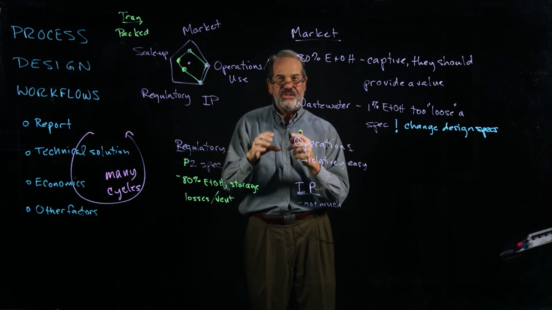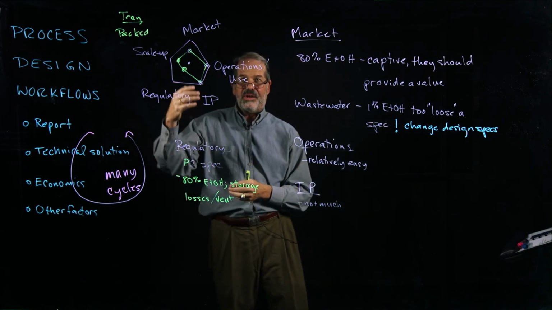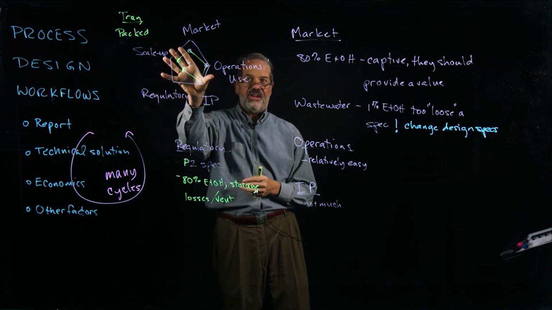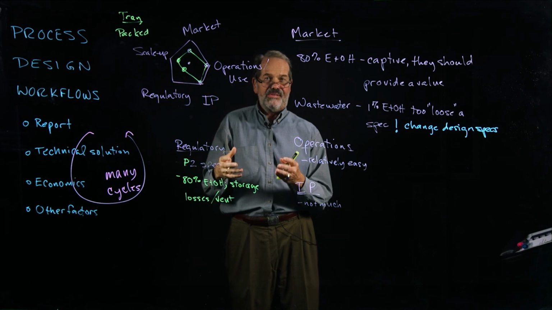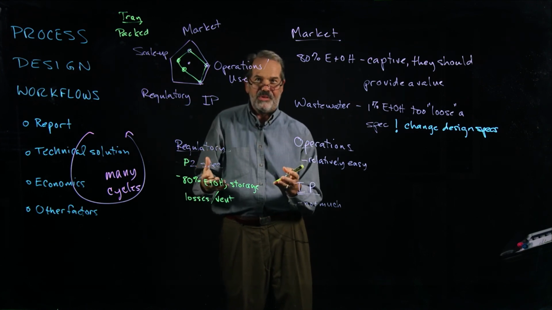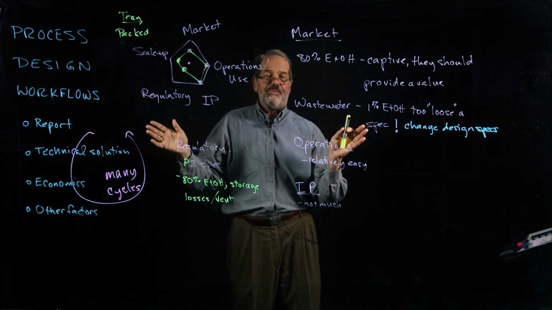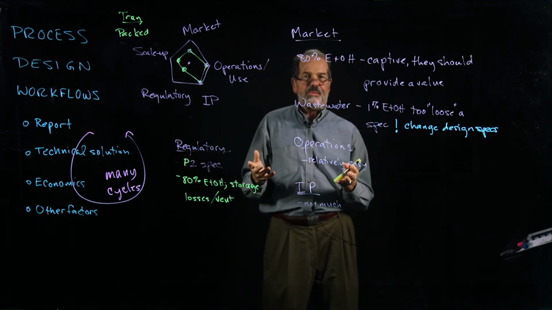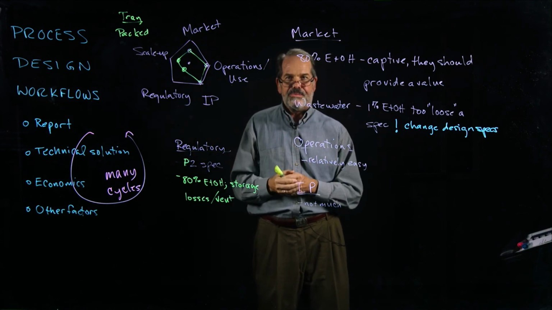We're going to want you to generate the base case and then propose some process alternatives, cost them, and also look at the other factors as well to show that they have made an improvement, or maybe they have not made an improvement in the overall product. So this is a very quick view of what you'll be doing in each one of the problems assigned in 455. Thank you.